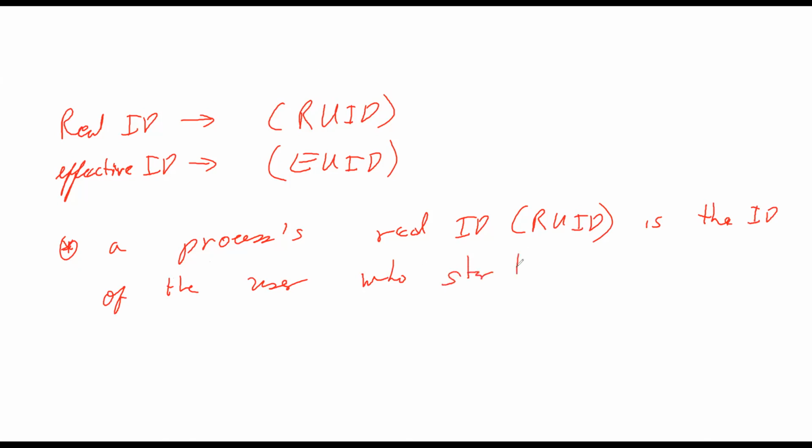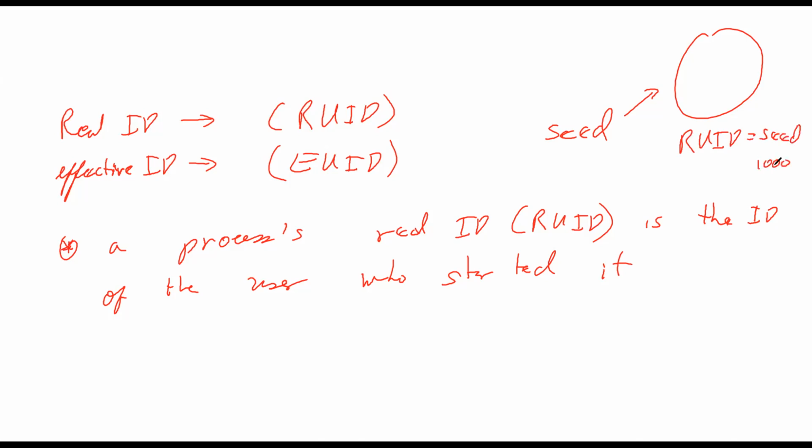Who started it. So what that means is, let's say that I'm seed, right? So I'm just a regular user on the Ubuntu VM, and I start a process. Well, my real user ID is seed, which is number 1000 in the system, as you guys saw.